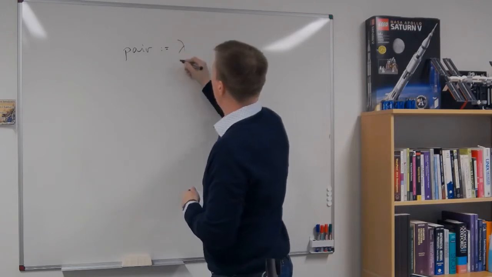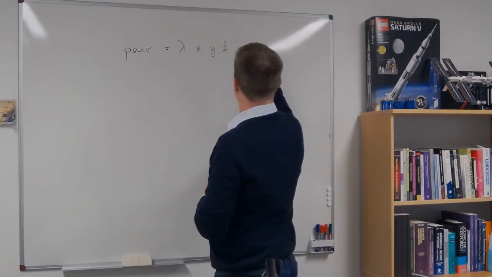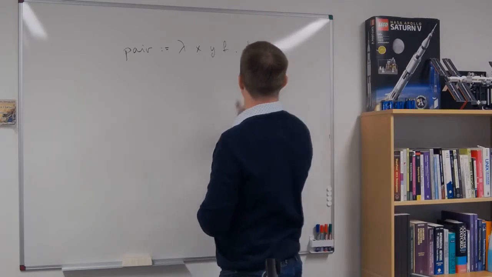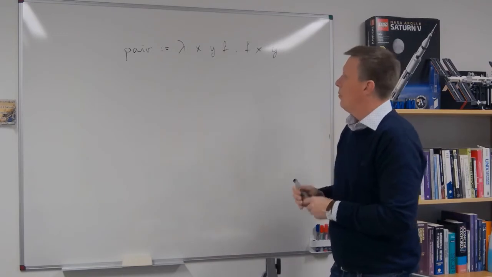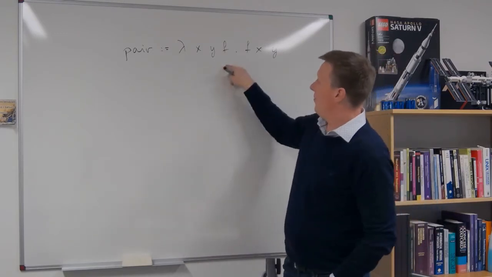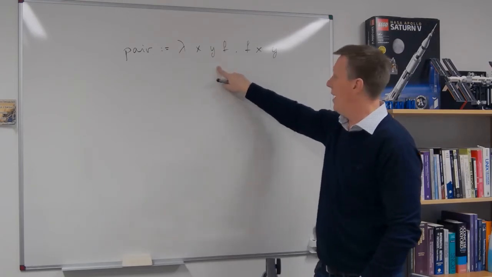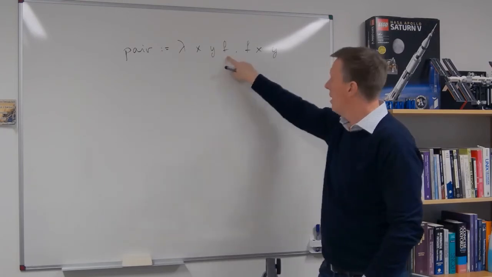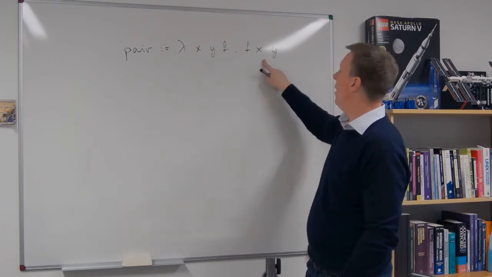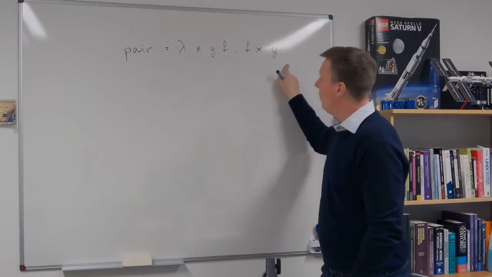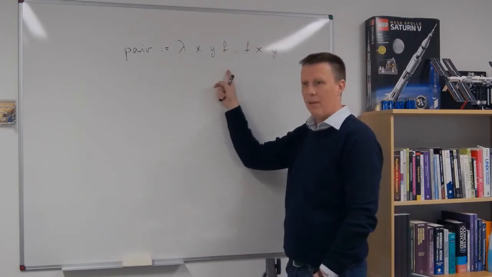And that was simply lambda x, y, f, f x y, which achieves a pair by partially applying first one value which gets stored in a closure for x, then another for y, and then finally it accepts this last thing here, which is something that will project out either of these two values. Now if you look at it like this, there is absolutely no restriction on what x, y, and f can be.